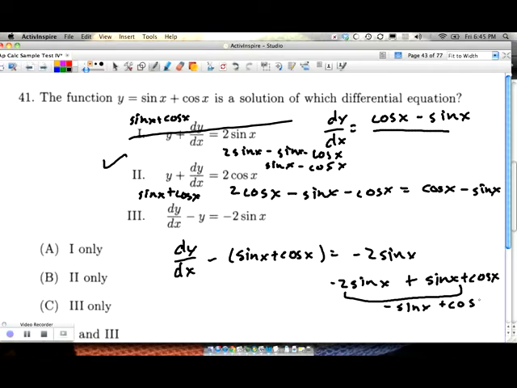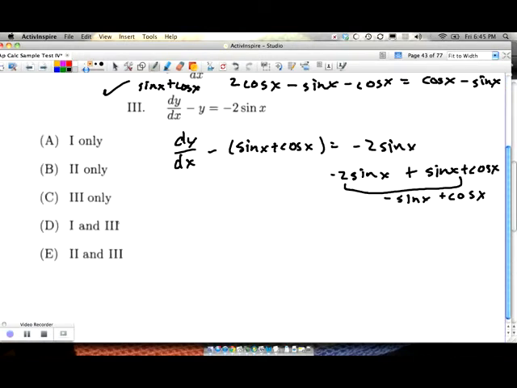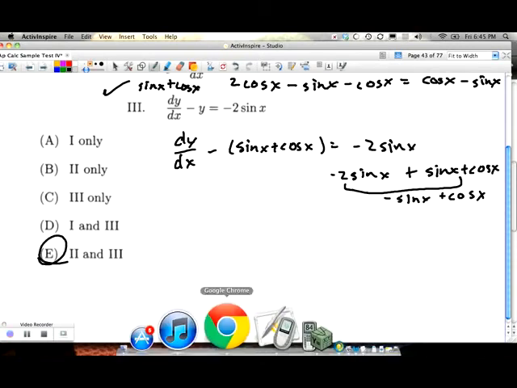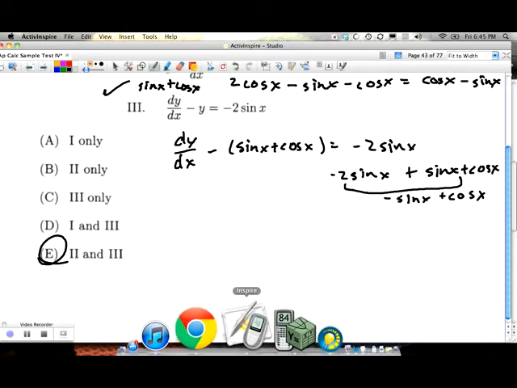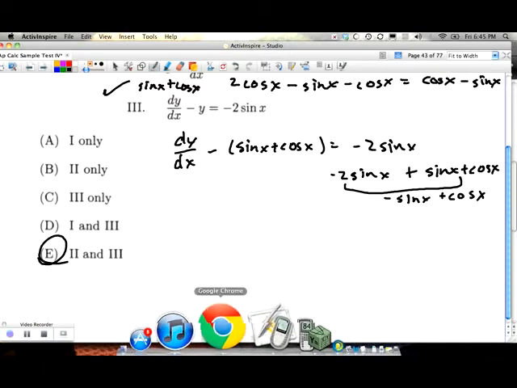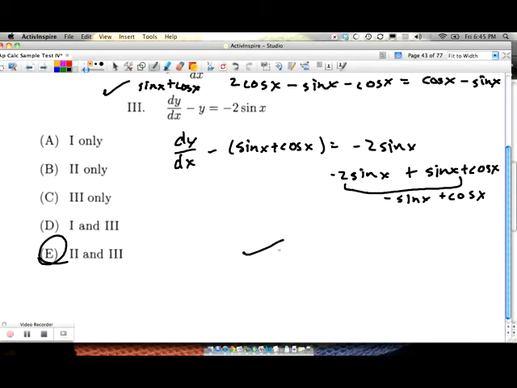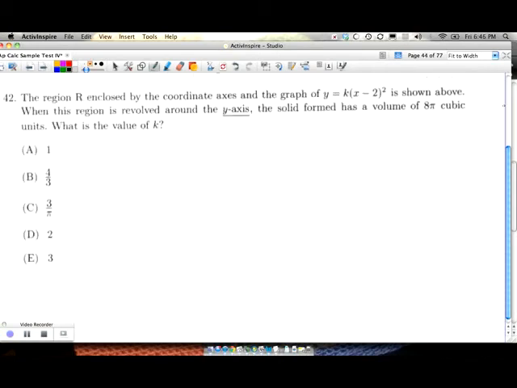And then cosine x right here would be plus cosine x. Negative sine x plus cosine x. That works too. So 2 and 3. Check. Move on.